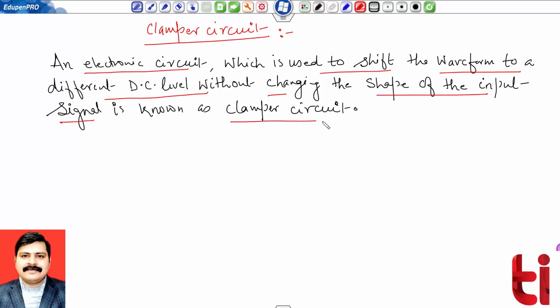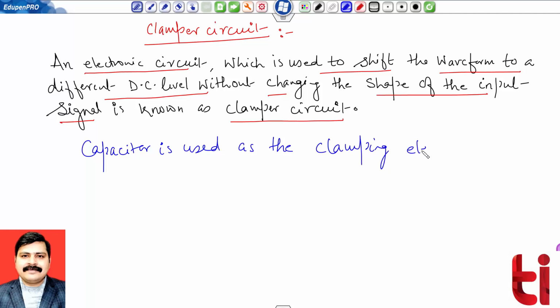Usually in the clamper circuit, a capacitor is used as the clamping element. The main components in the clamper circuit are capacitor, diode, and a resistor. And with the schematic, the idea will be clear about the type of clamper circuit.